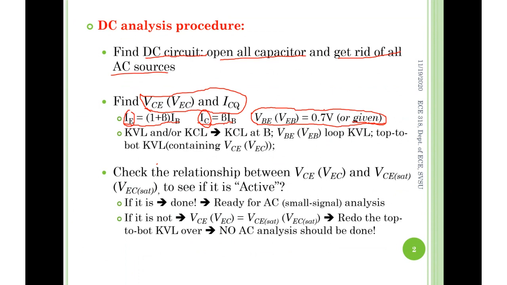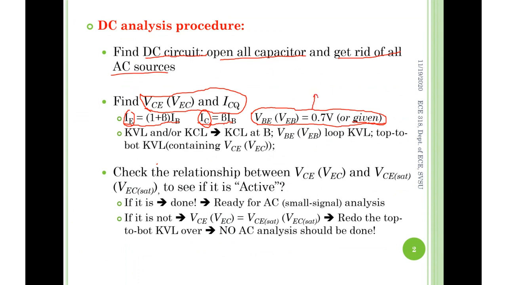Is it the cut-in voltage of the transistor? No, we don't have a cut-in voltage of a transistor. Breakdown voltage? No. You guys are not linking to that. Okay, that's fine.